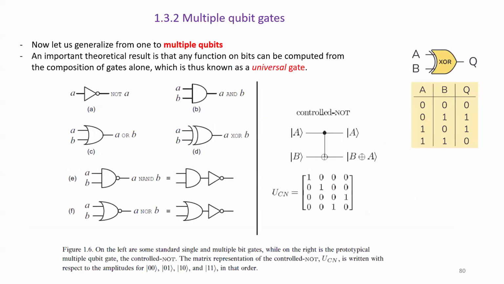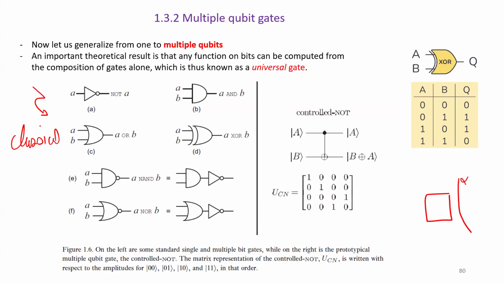Okay, the multi-qubit gates. Here on this side, we have the classical ones, the classical multiple qubit gates. In this case, I'm going to act with the gate on something that has 4 elements this time.